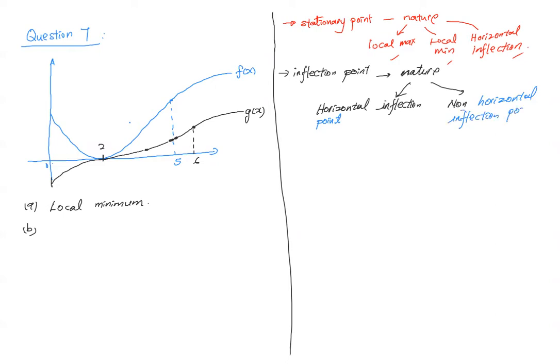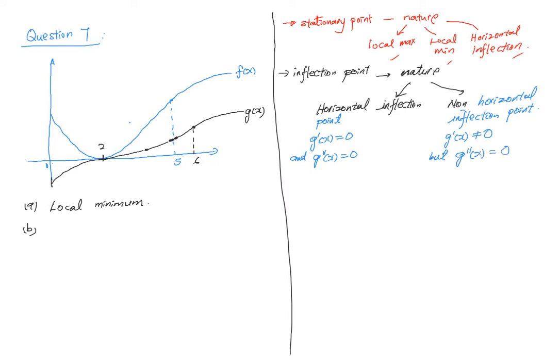When you talk about horizontal inflection point, it means g prime x equal to 0 and g double prime x also equal to 0. When you say non-horizontal inflection point, that means g prime x is not equal to 0, but g double prime x is equal to 0.